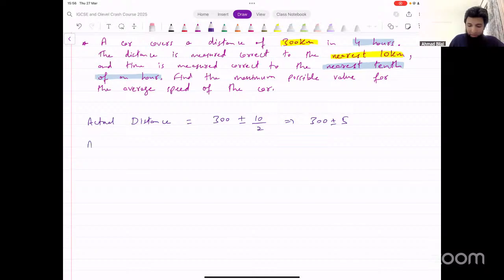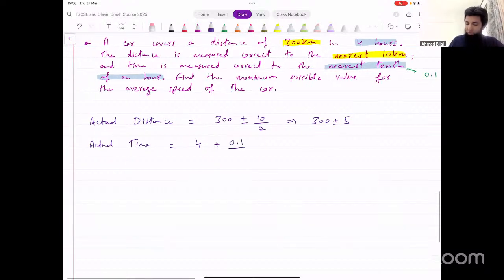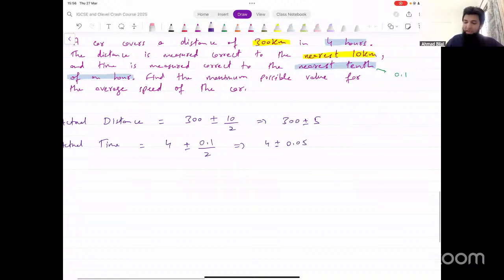And similarly, the actual value for time that we have there, what is that? That's 4 plus or minus, and tenth means 0.1, so it's 4 plus minus 0.1 divided by 2, which is 4 plus minus 0.05. So the time could be anywhere from 3.95 to 4.05.